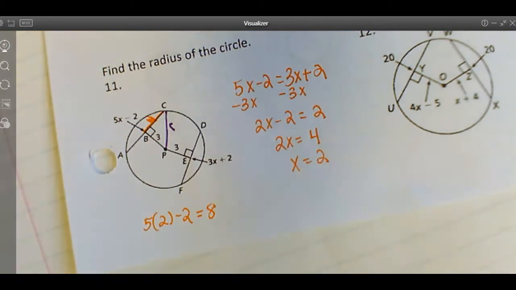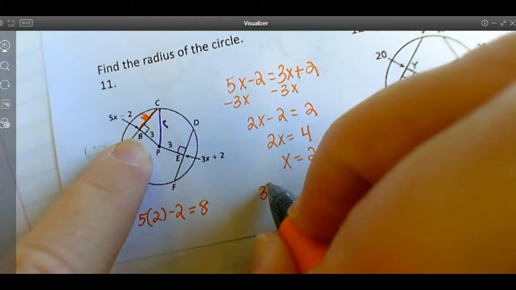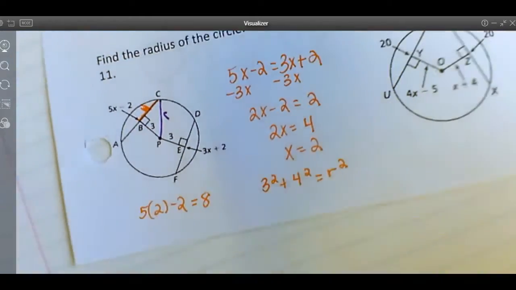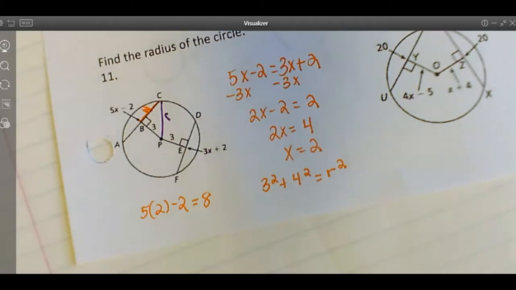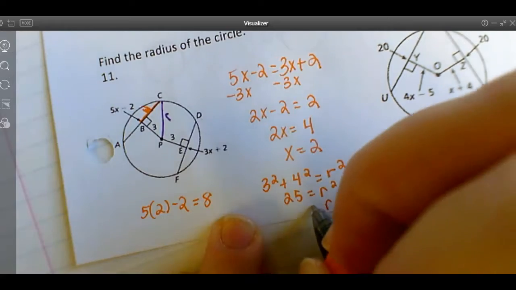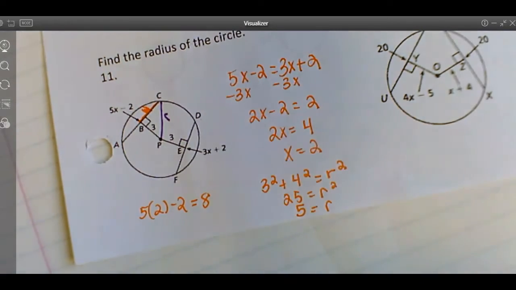So then we're just going to do the Pythagorean theorem, and we're going to do 3 squared plus 4 squared equals r squared. So add that together, you get 25. Take the square root, and you get 5, and 5 is r, which is what it was asking us for.